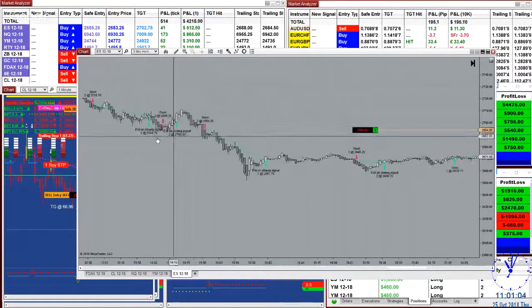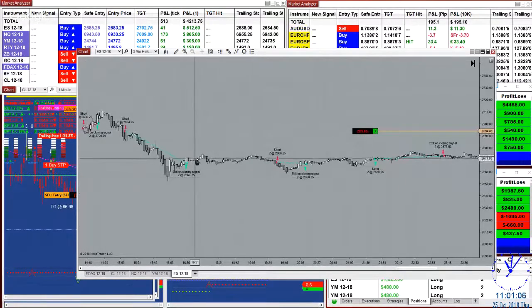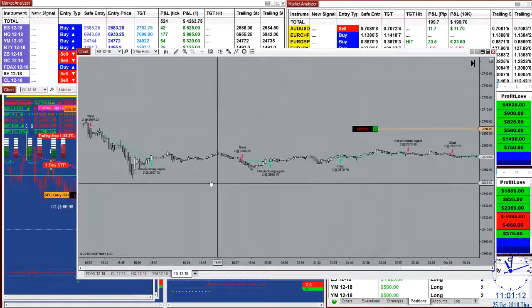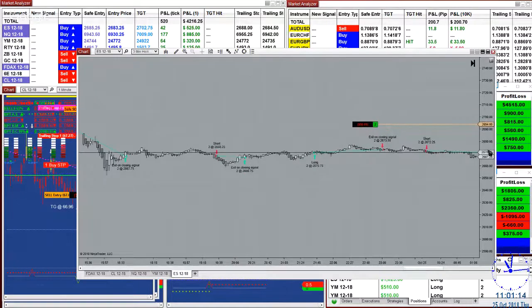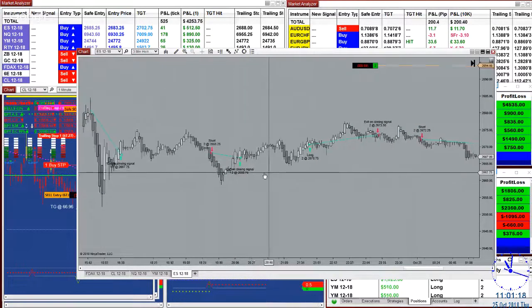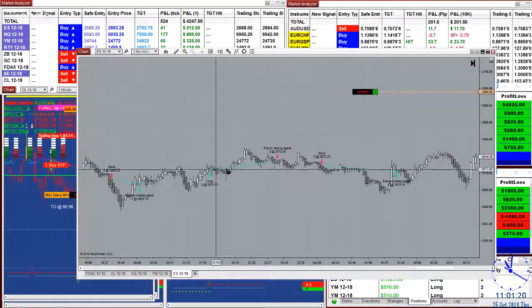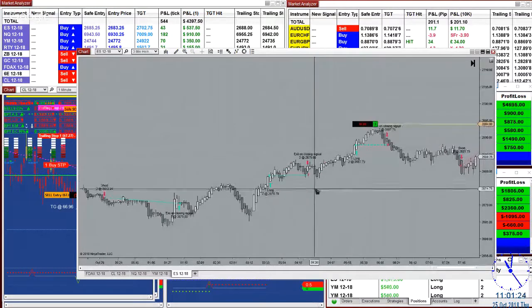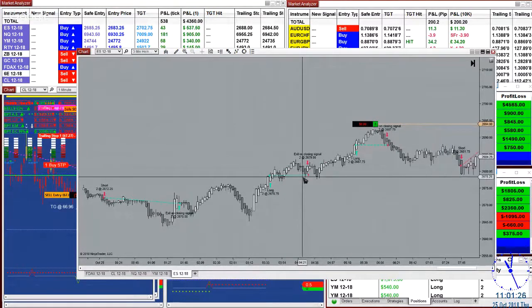And then what I like, even without the filter, look how we survive those areas here. And then one small trade. I mean, non-stop.